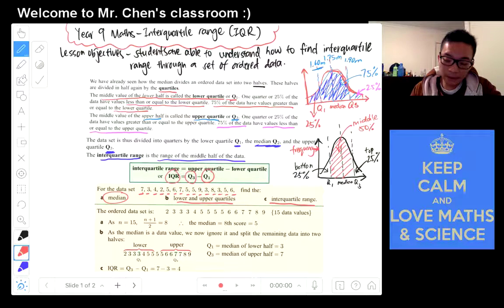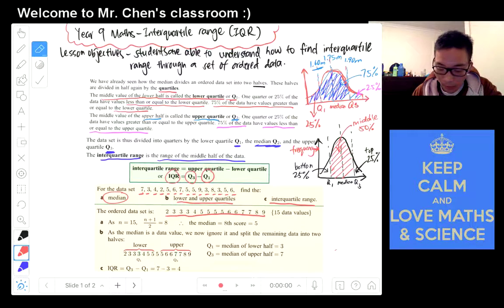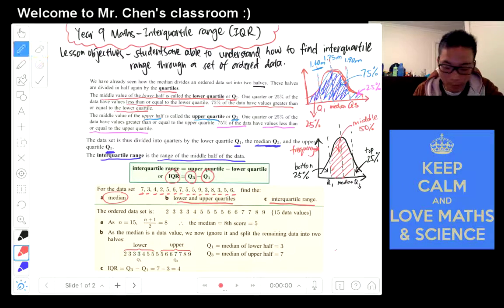The first step you always need to do is rearrange it from small to large, ascending order. Once we arrange it, you have that, your arranged version. There are 15 data values.